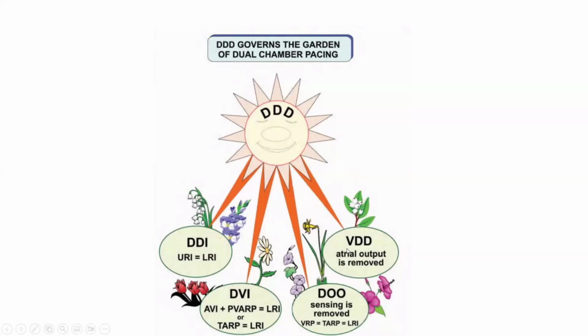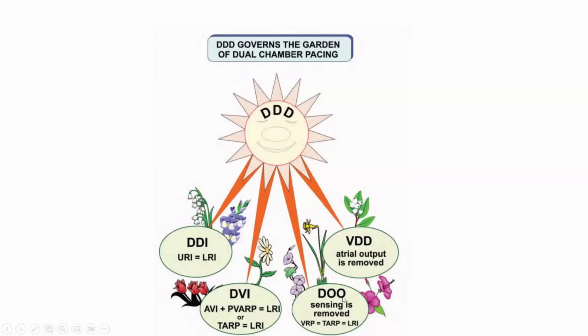So if I have a patient with normal sinus node function, the VDD will act exactly as the DDD. It will just follow the atrial impulses, the P waves, and this will not cause a problem. But if the patient goes into sinus node dysfunction, it will act pacing just the ventricle like a VVI, not pacing the atrium, because it lacks the pacing ability of the atrium.